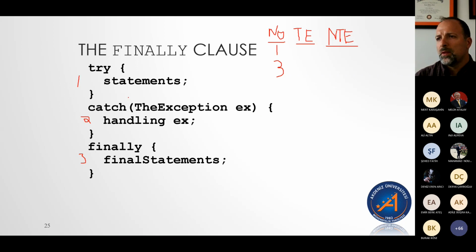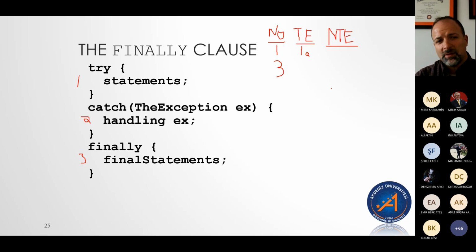An exception of the type the catch handles occurs within the statements. We'll call it 1A. Here's why. Some of those statements are probably going to execute up until the exception happens. Any statements that are written after the exception event do not get executed.